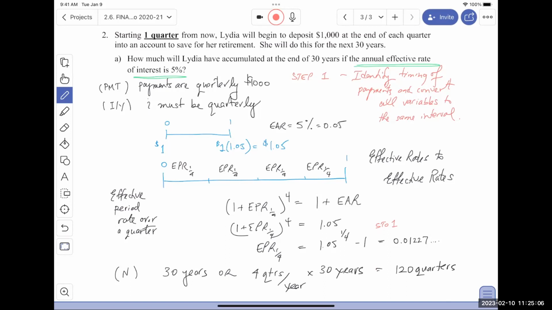All right, so you have the values. You should be able to put those into your calculator to figure out the accumulated amount. So you want the future value after 30 years or 120 quarters. See if you can get it. I leave it to you.